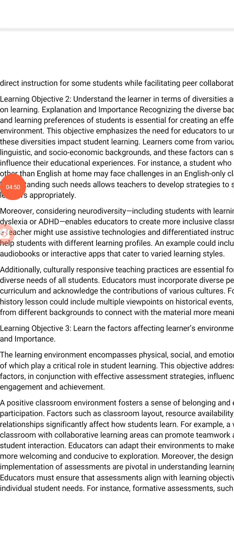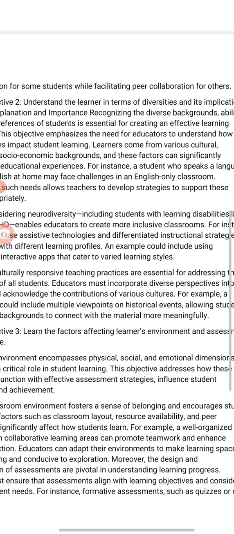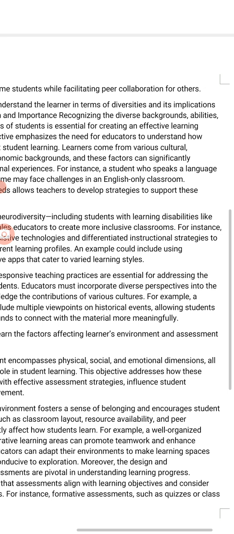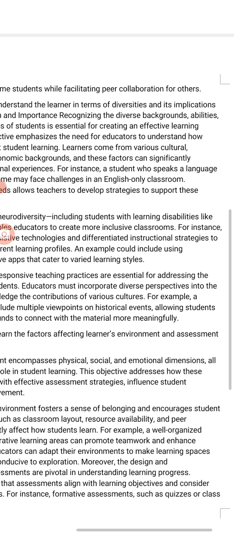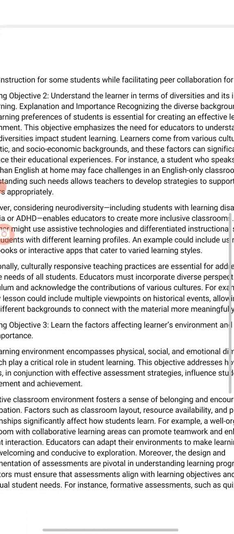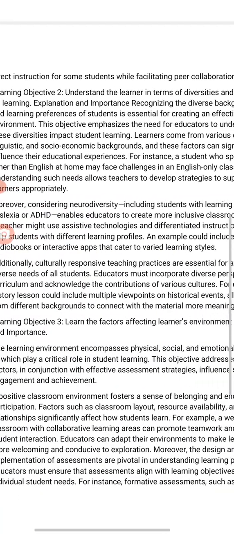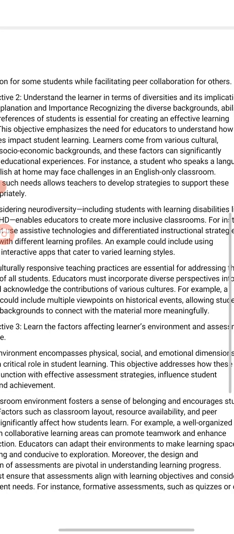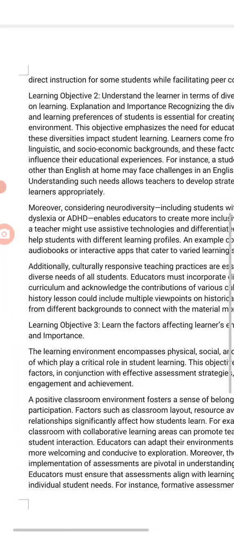In this objective, you should understand that learner diversity is essential. When we talk about diversity, we are talking about the diverse backgrounds, abilities, and learning preferences of students, which is very essential for creating effective learning.